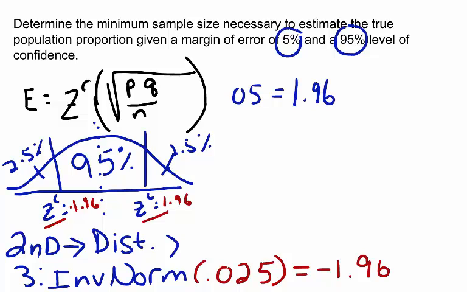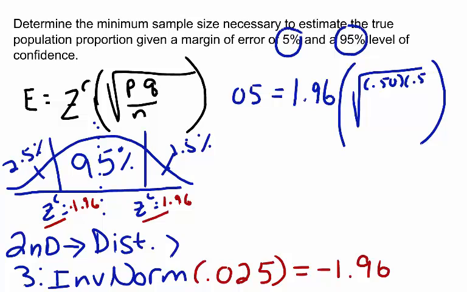That's our critical value of Z. Now for the square root of P times Q divided by N. Since we haven't been given information about P and Q, the expectation is that we default to 50-50. So 0.50 times 0.50, all divided by n.